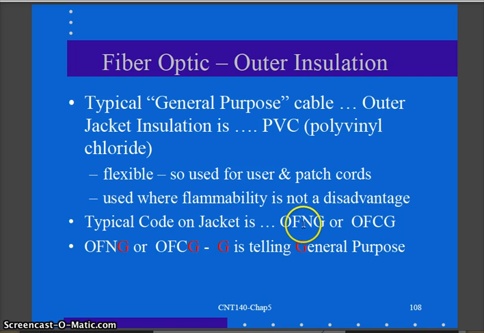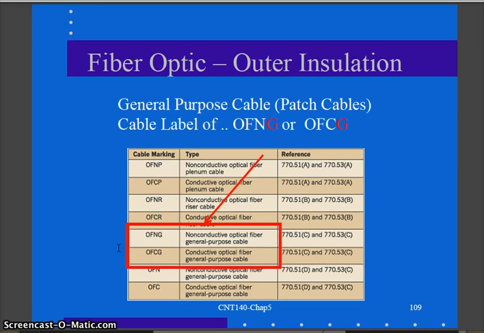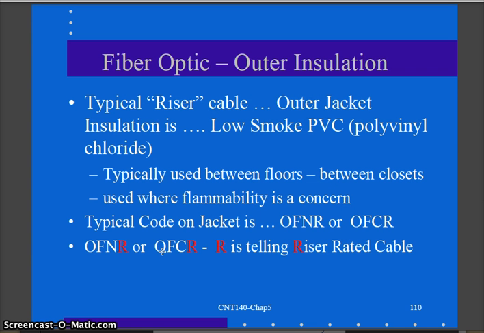Optical fiber non-conductive general, optical fiber conductive general. They do have conductive insulations for some applications, if you want to send remote power to some device. So if I look at OFNG, the G is telling me general purpose. That would be a patch cable inside of a closet.